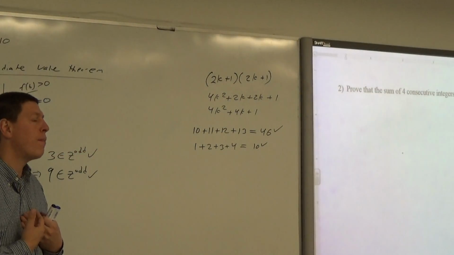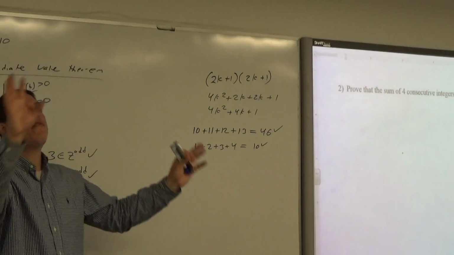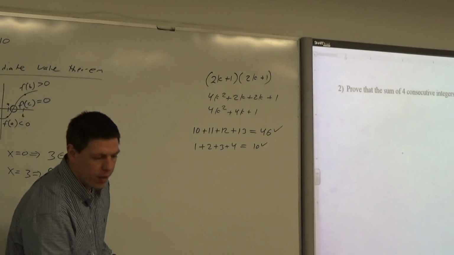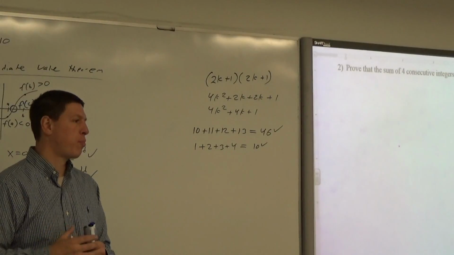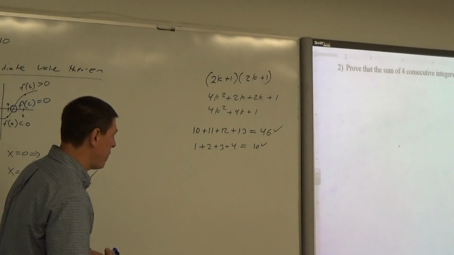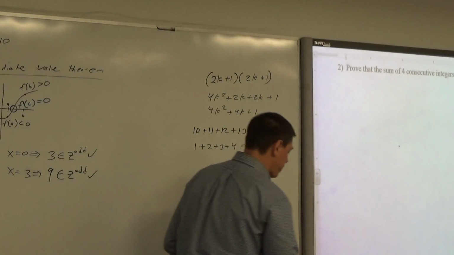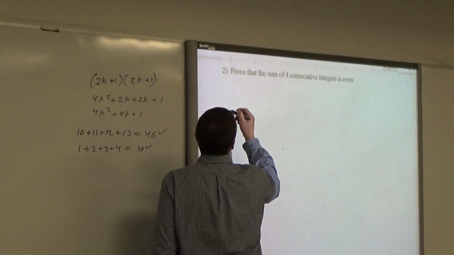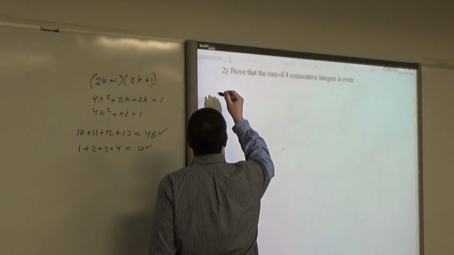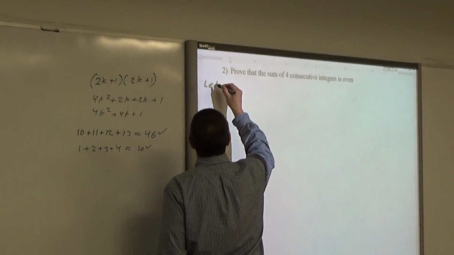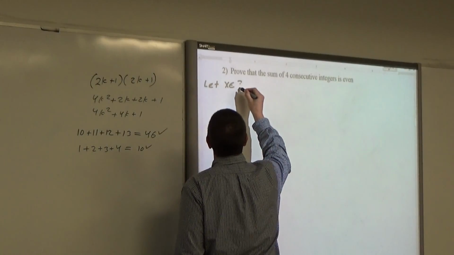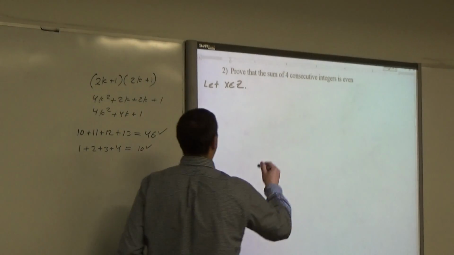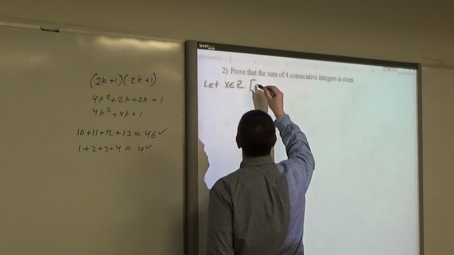So now it's our job to prove that for any variable, or I'm sorry, for any 4 consecutive integers, okay? All right, so everybody understands what we're trying to prove first of all. Okay, so let's go ahead and prove it. Okay, so we just need 1 integer for this case. Okay, so let's start by saying let x be an element of the integers. Okay, I'll put in brackets x arbitrary but particular.